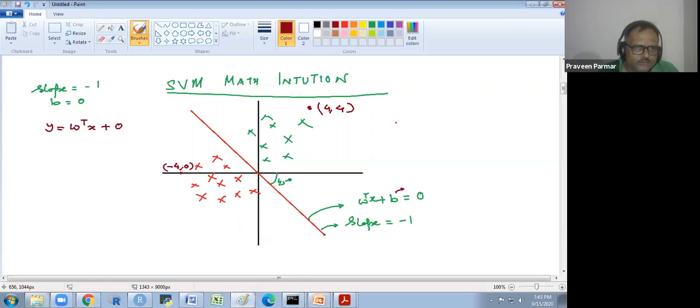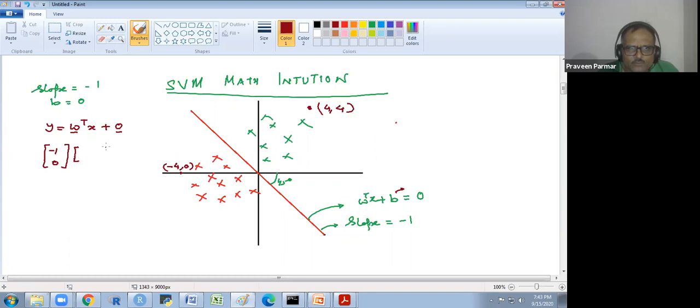So if I convert this in matrix, I want to solve this by the matrix method. So here what I will take: I will take the slope and intercept. Slope what I have? Minus 1. Intercept is 0.